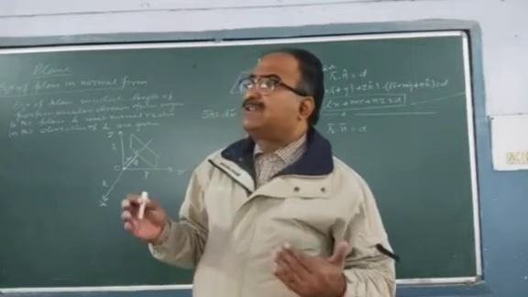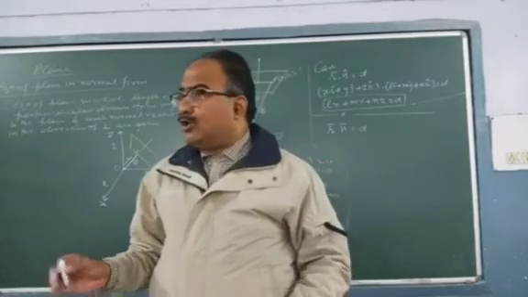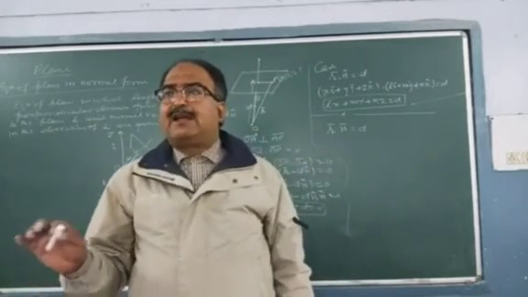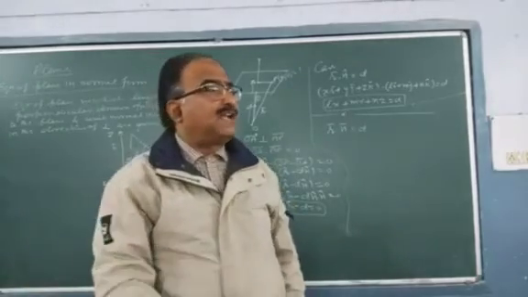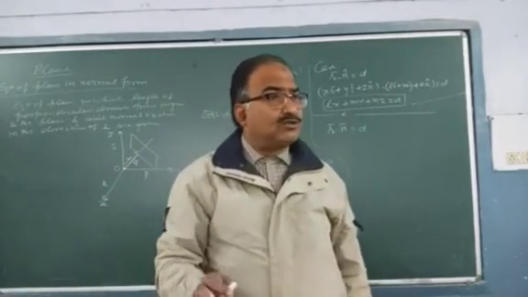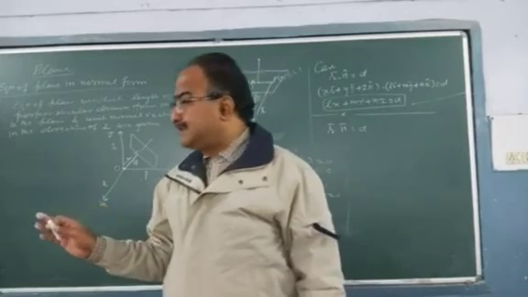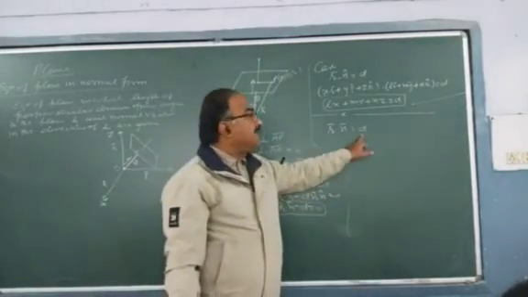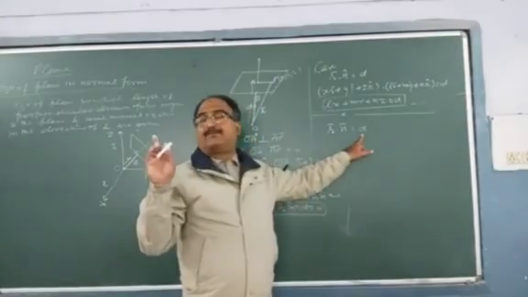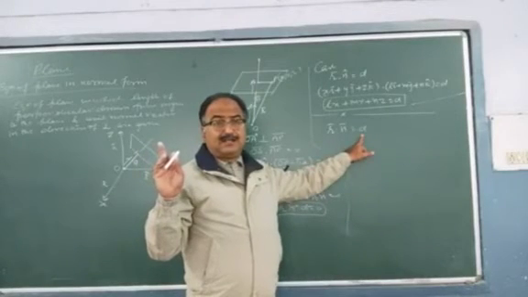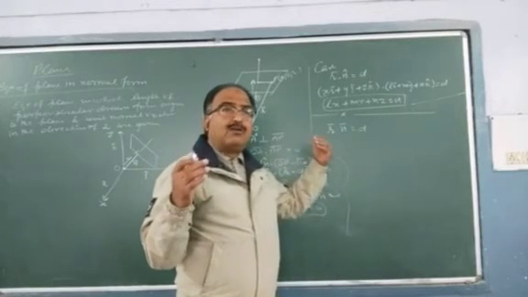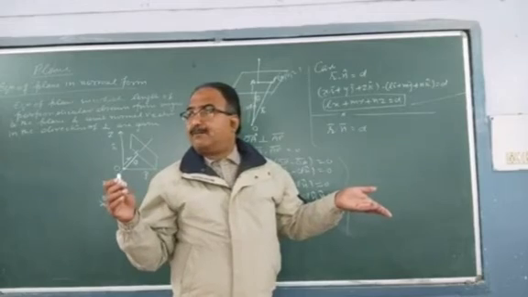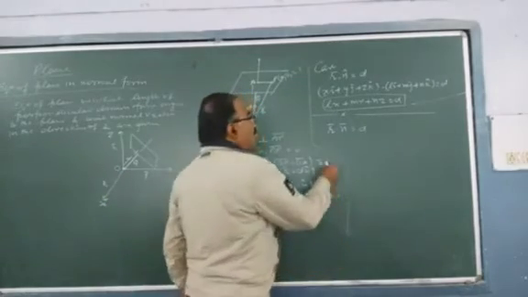So whatever equation of plane is provided to you, you can verify whether l square plus m square plus n square is equal to 1 or not. If it is not, it means these are given as a, b, c. In that case, d is not the distance of the plane from the origin. So if you want to convert it to the distance of the plane from the origin, how will you get it?